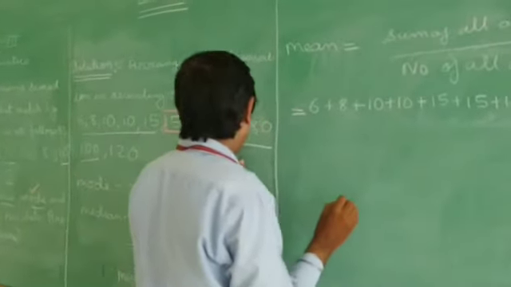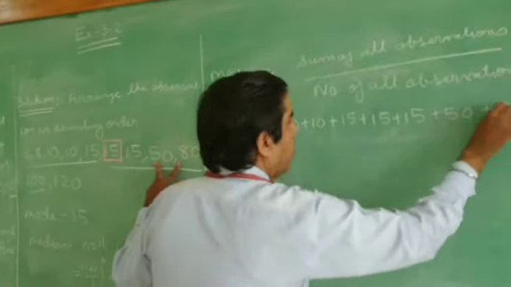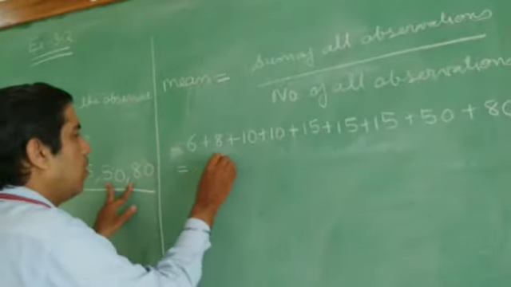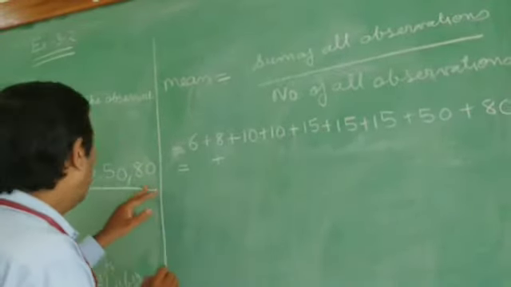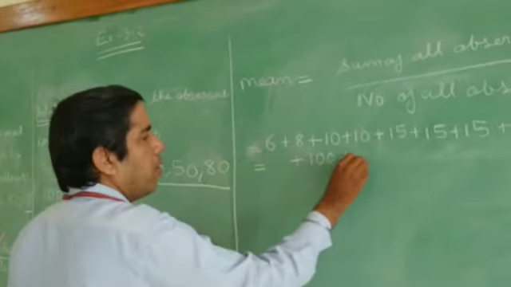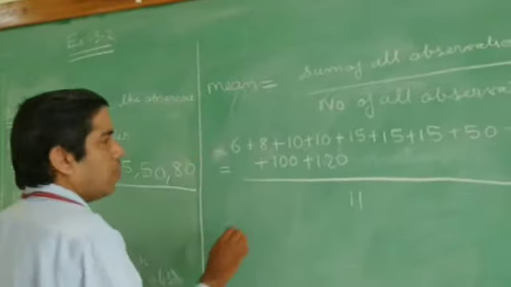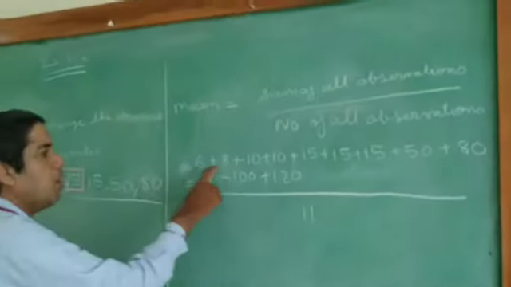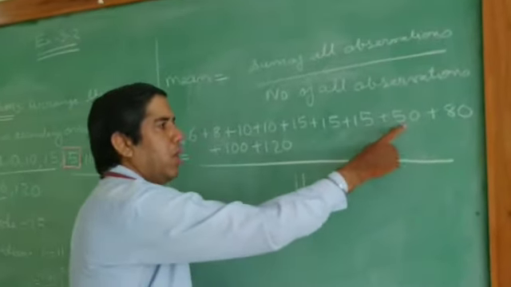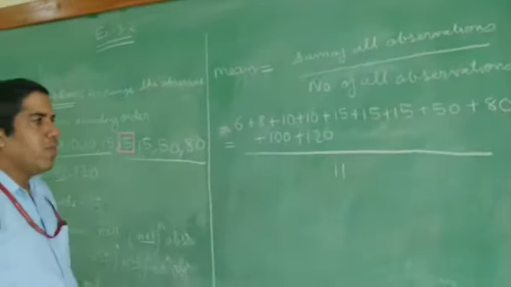Then plus 80 plus 100 plus 120, upon 11. Let us count so that no number is missing: 1, 2, 3, 4, 5, 6, 7, 8, 9, 10, 11. Right, no number is missing.